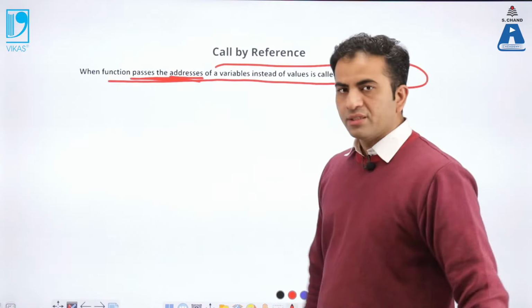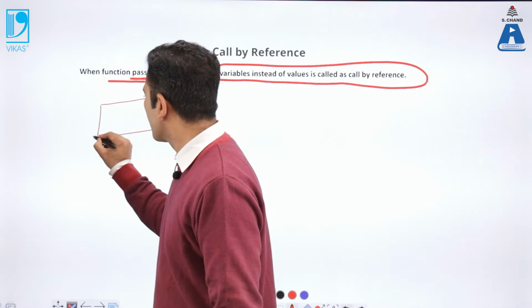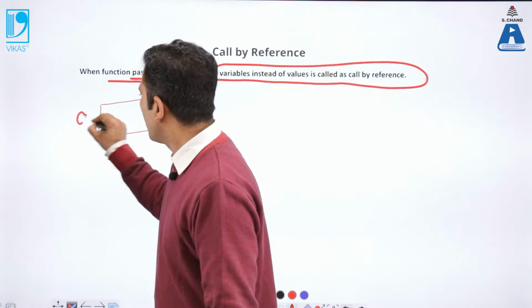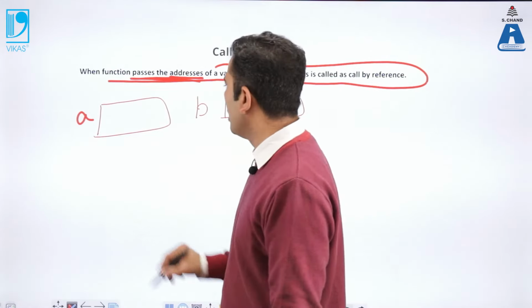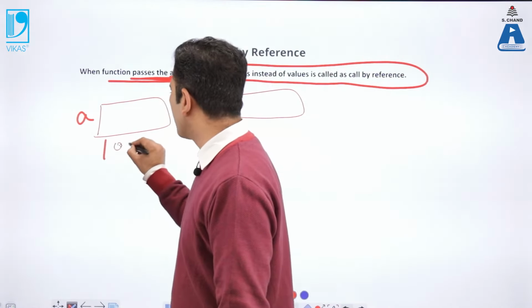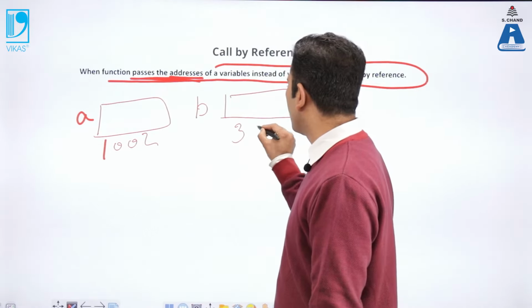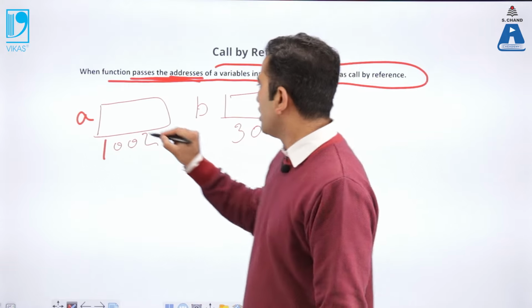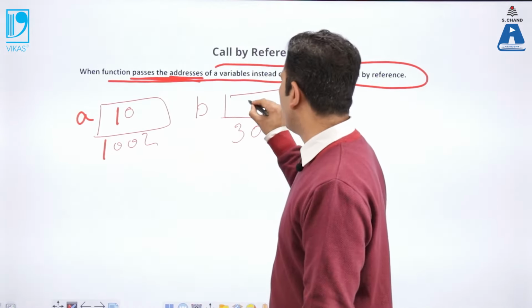To understand this, let's say there are two variables, a and b, and the address of a is, let's suppose, 1002, and the address of b is 3001. The variable a has the value 10 and b has the value 20.